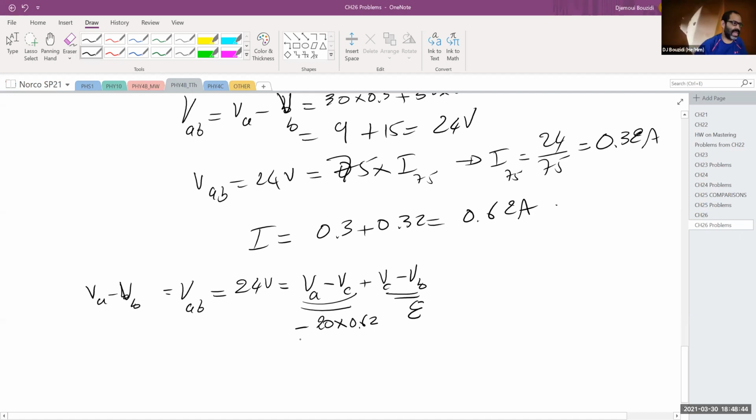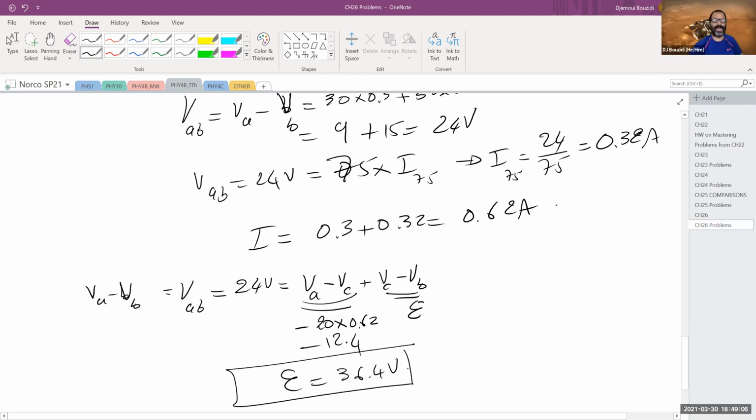If I do the calculation, 20 times 0.62, that's 12.4. So this number is 12.4 with the negative sign. And when I move it to the other side, it's going to be 36. So the epsilon is going to be 36.4 volts.